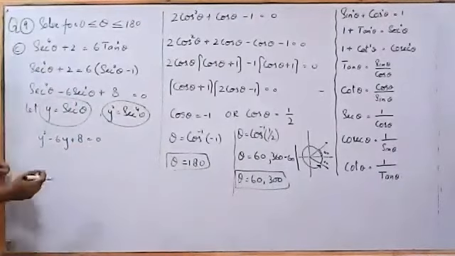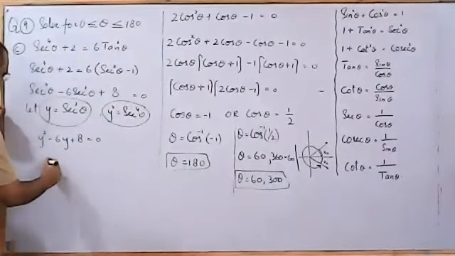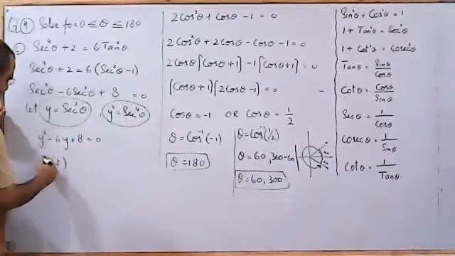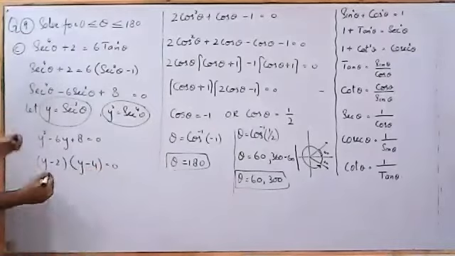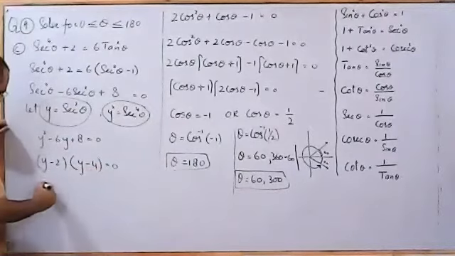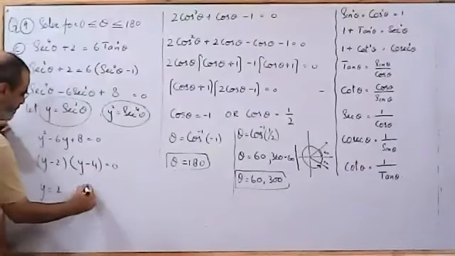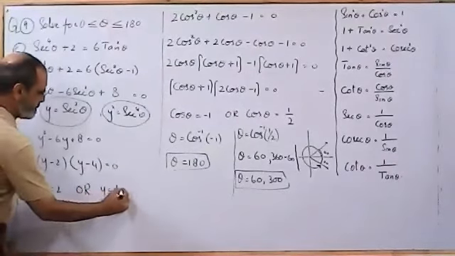If I factorize, the factors will be 2 and 4: y minus 2, y minus 4 is equal to 0. So we get y is equal to 2 or y is equal to 4.